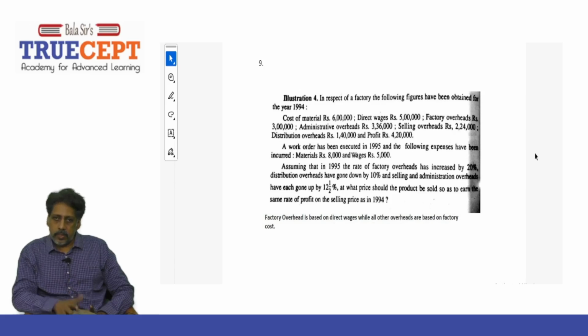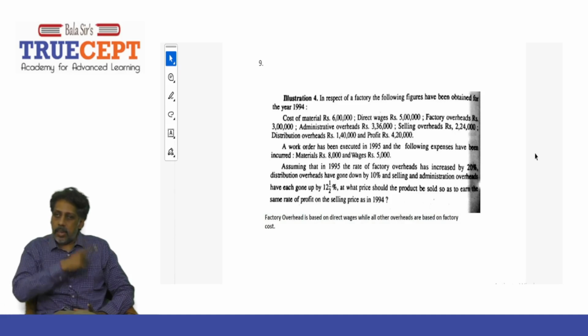Next. At what price should the product be sold so as to earn the same rate of profit on the selling price as in 1994? You saw the question is you have been asked to find the price.